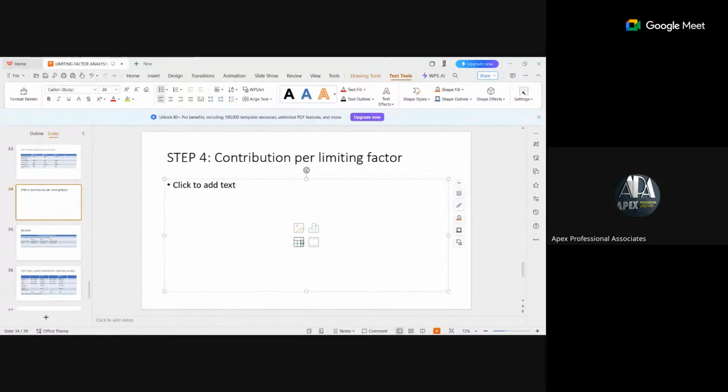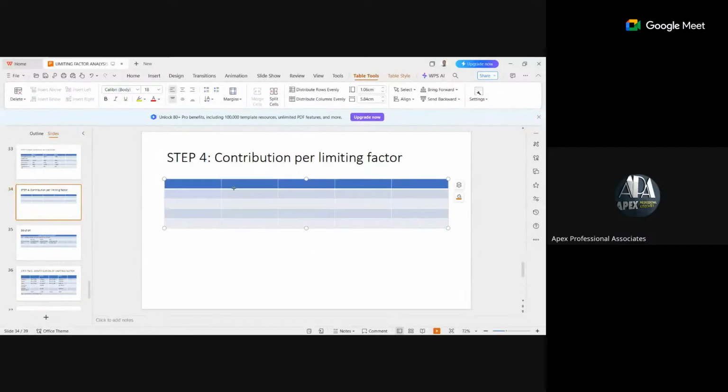Contribution per limiting factor. So now we have trouser, jackets, and skirts.